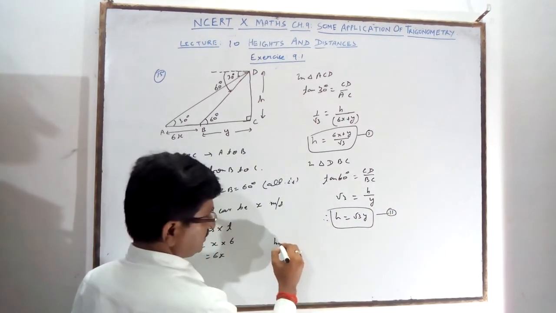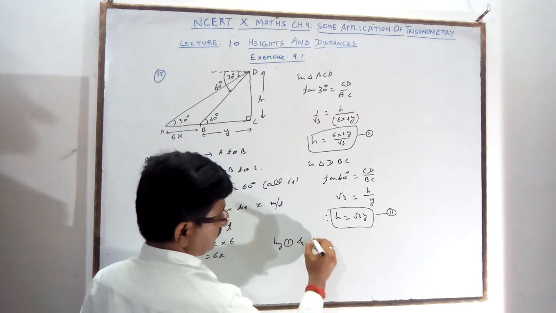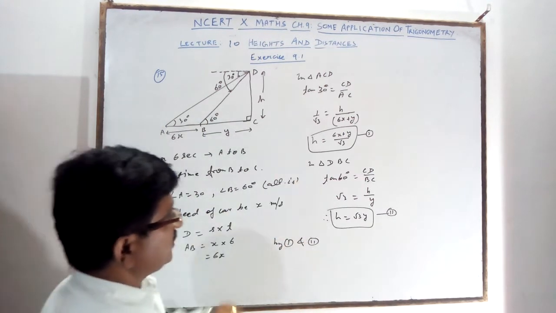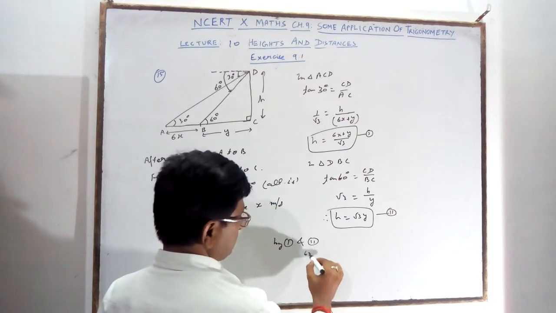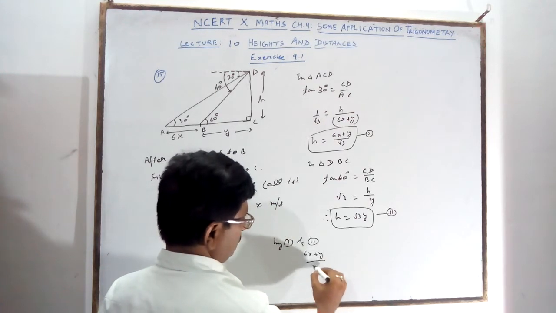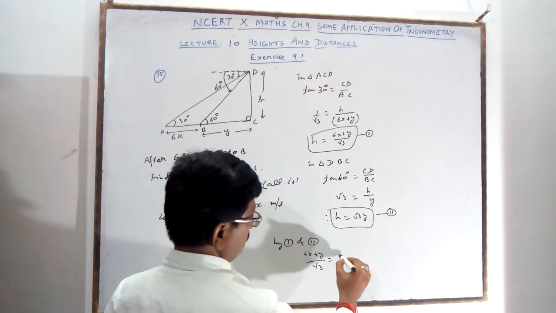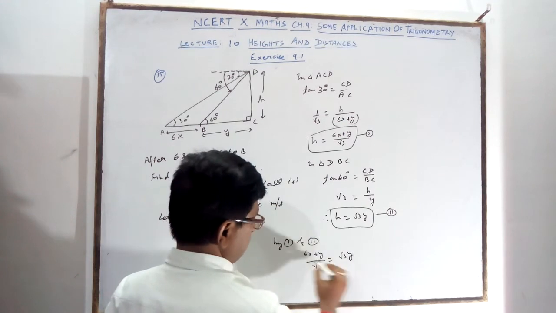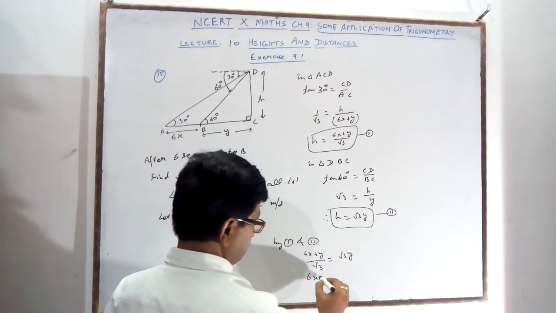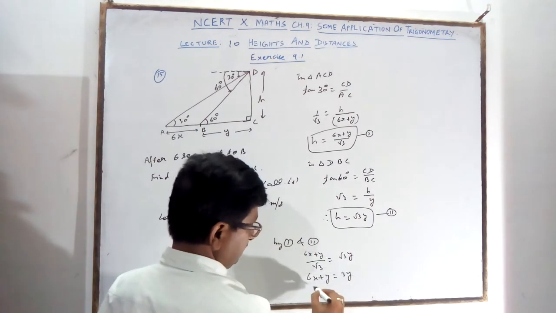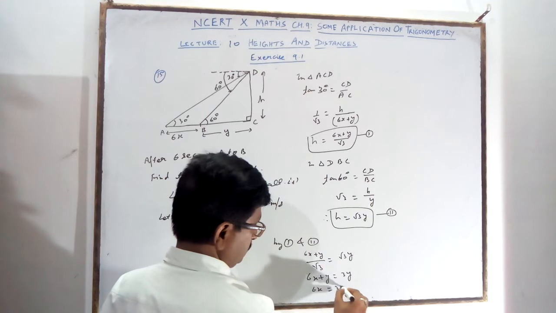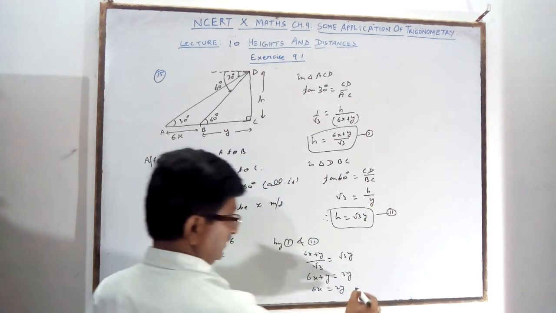Compare first and second. Both have h, so h is of no use. So you write (6x plus y) by root 3 is equal to root 3 y. Simplify: 6x plus y is equal to root 3 into root 3 y, that is 3y. Then 6x is equal to 2y, that is 3y minus y.